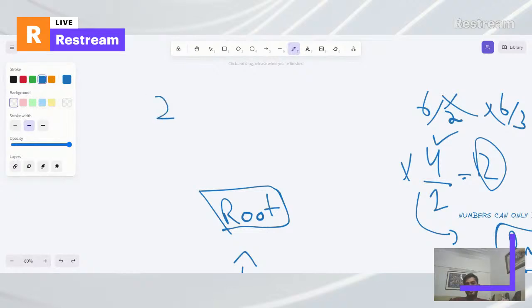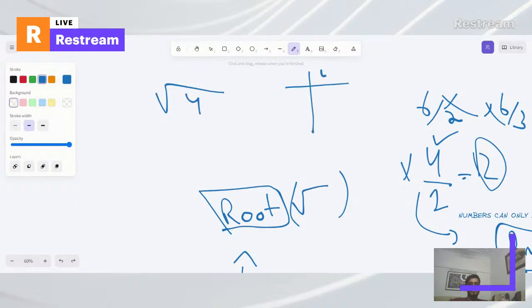So a root is basically what you have to find out, and there are different types of roots. The general form of a root is written like this, with this indicator. If I say it's a root of 4, what I need to do is take out the LCM for 4.